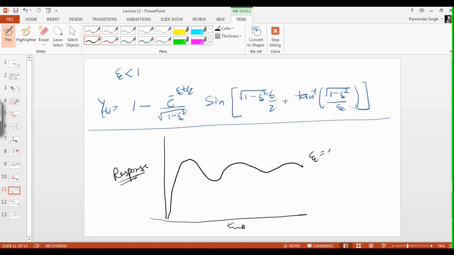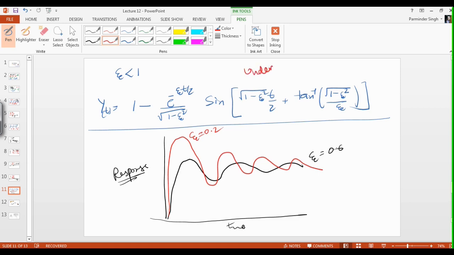This is for, let's say, zeta equal to 0.6, and if you change zeta, this is for zeta, let's say 0.2. Clear?